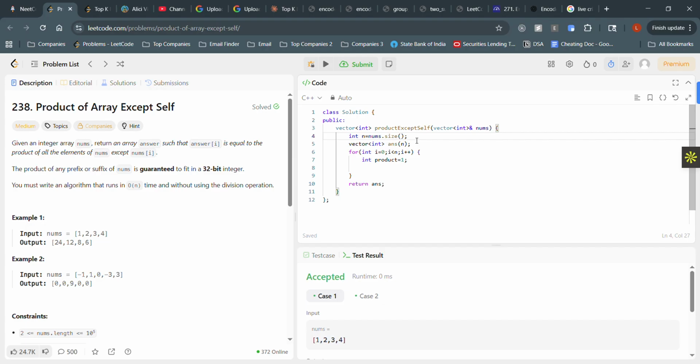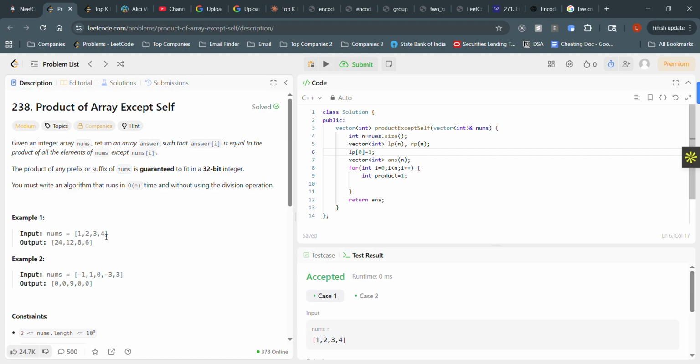So let's write on that thought. Let's say the left product, let's write LP for left product, and for right product, let's write RP. I'm declaring both of size n initially. LP of 0 will be nothing but 1 always, because for this one we are assuming that the multiplication will be 1 beforehand, so that we can multiply the rest of the numbers.